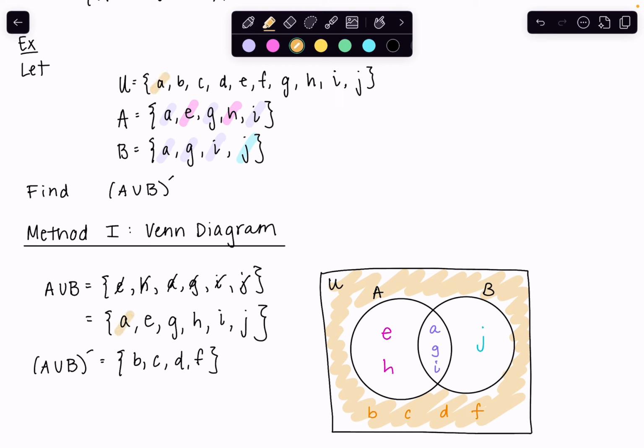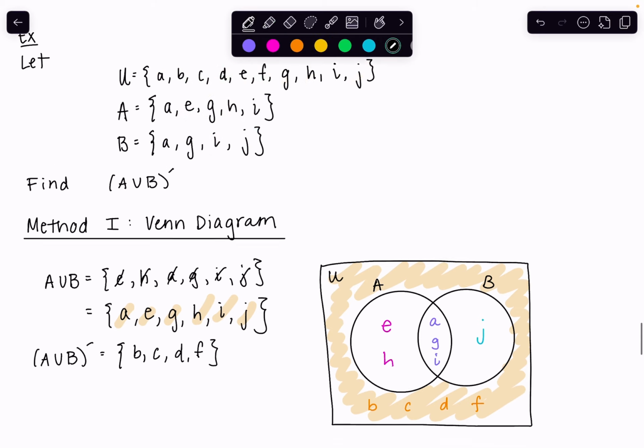So A is in this set, E is in the set, G is in the set, H, I, J. And so my complement is the stuff that hasn't been used, B, C, D, F. Okay. So that is our ending set.